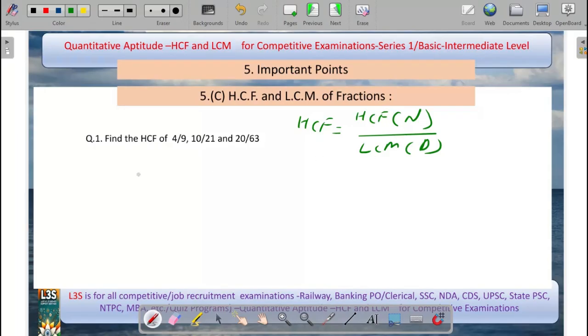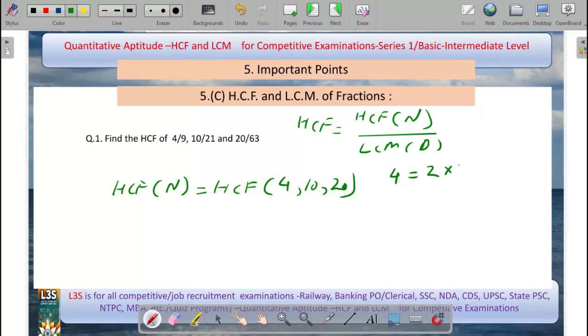The HCF of numerators means the HCF of 4, 10 and 20. So 4 is 2 into 2, 10 is 2 into 5, 20 is 2 into 2 into 5.